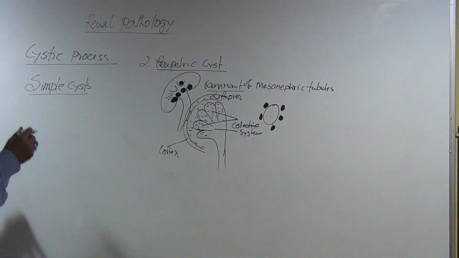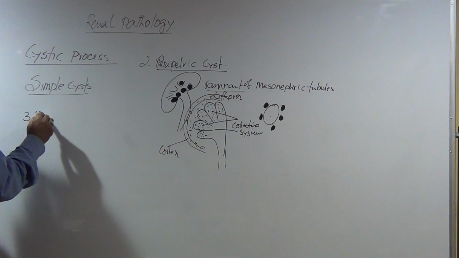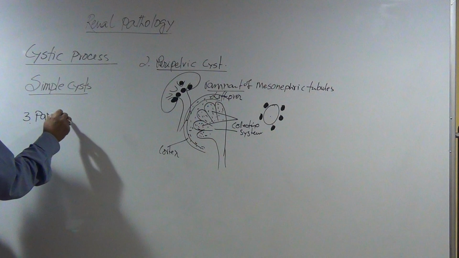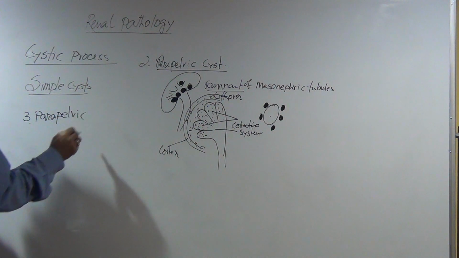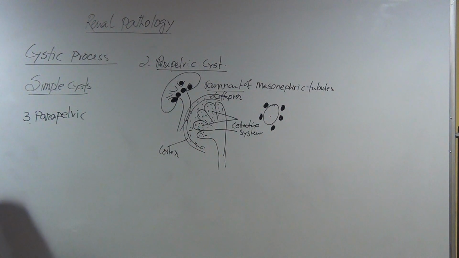So then what is number 3? Parapelvic. It is only found in the pelvic region.